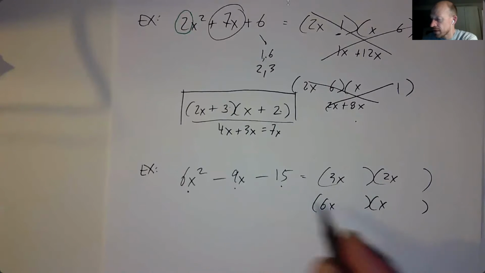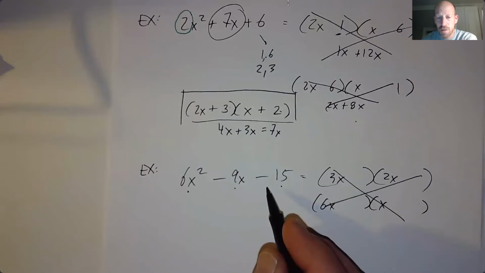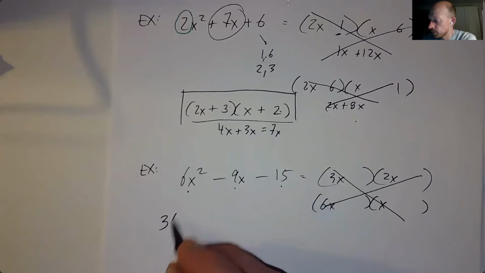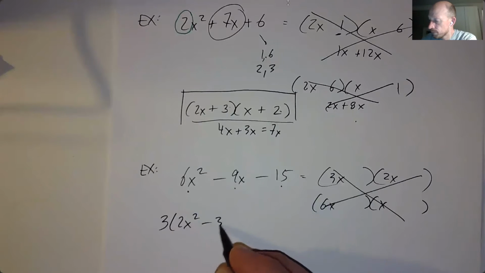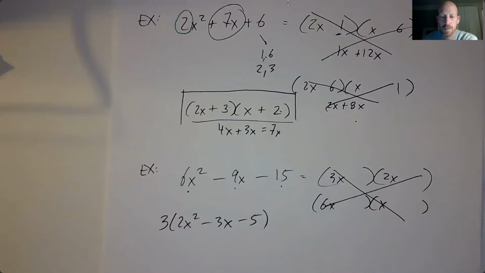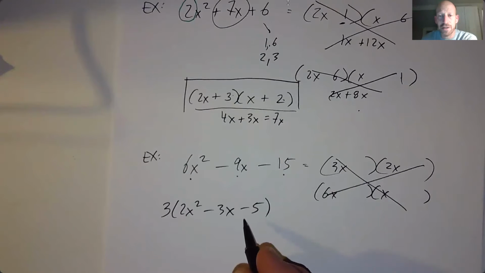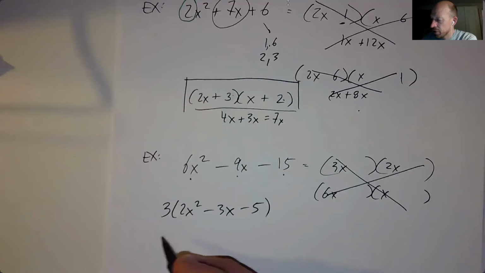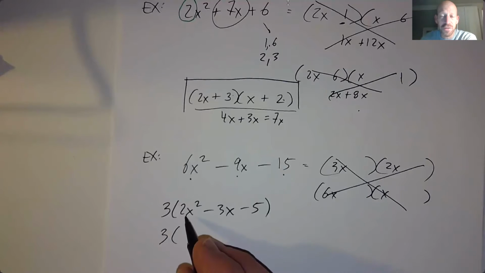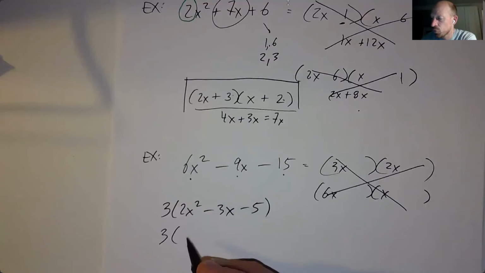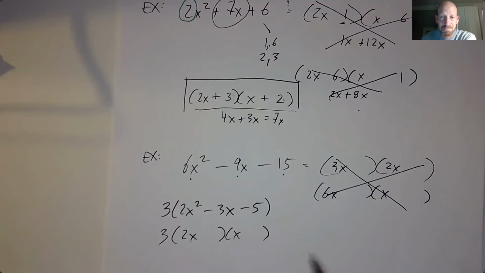So let's not do this. Let's start by pulling out that 3. Notice I still have a trinomial that I need to factor, but my life has improved significantly by pulling out that 3, because now this is much smaller. 2x squared is a lot easier than 6x squared because there's only one way to get 2x squared: 2x and x.